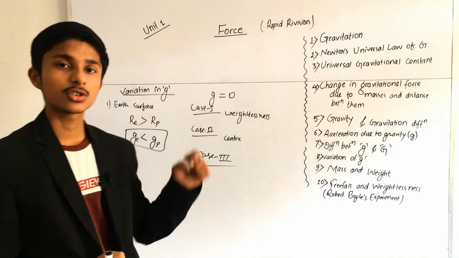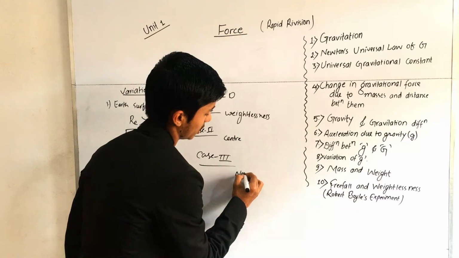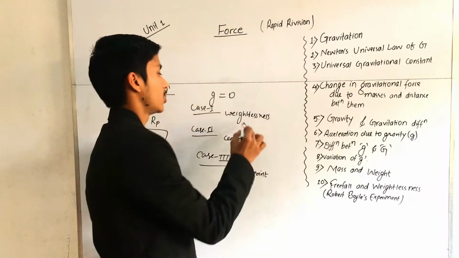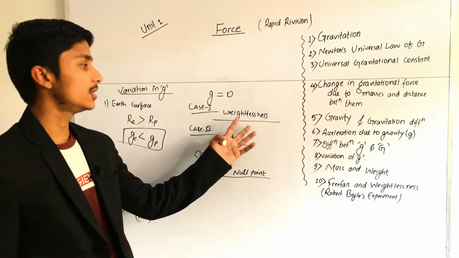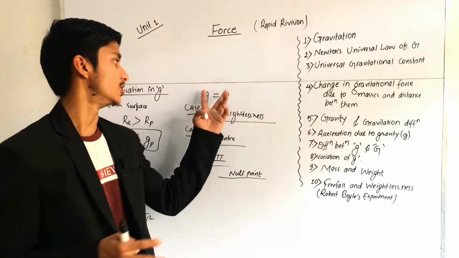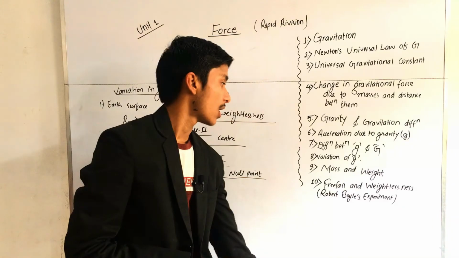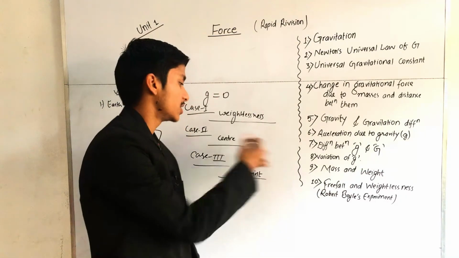Null point means somewhere in space. You need to know about these. In all these conditions, the value of acceleration due to gravity is 0. Therefore, we write here g is equal to 0 in these cases.